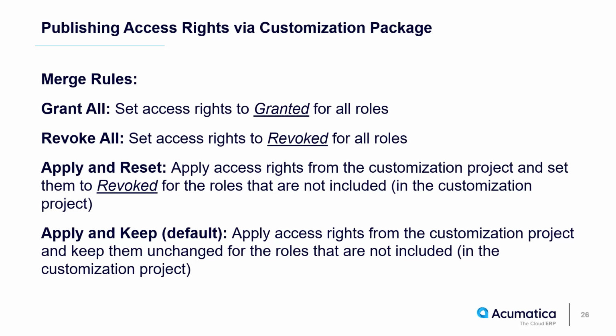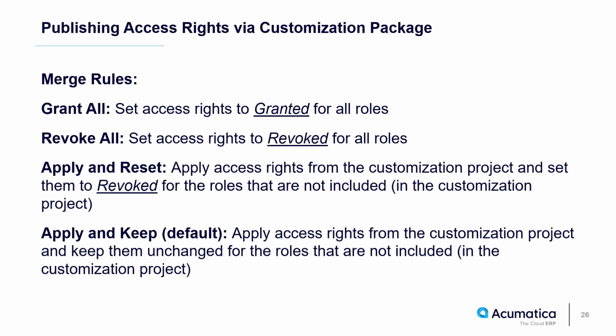Then we have apply and reset, which means that when a customization package is published, it will set revoked access rights for all the roles that are not specifically included in the customization package.